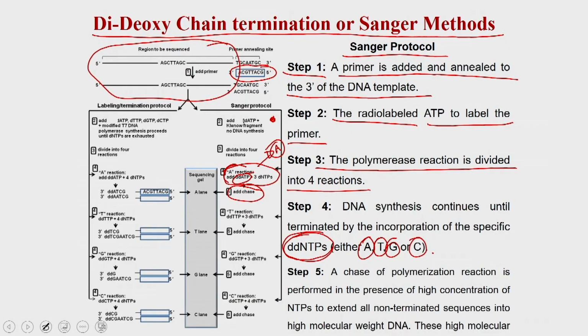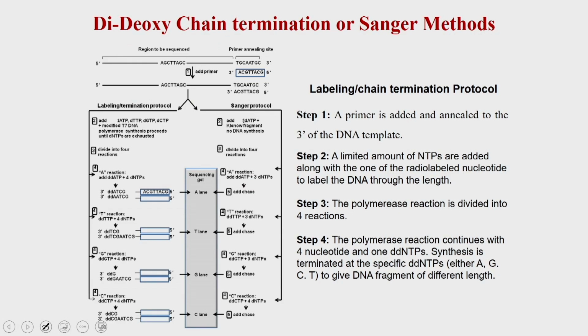Whereas in the alternate reaction, which is called the labeling and termination protocol, step 1 remains the same, where you add the primers and let them anneal onto the 3' end. Then you add a limited amount of NTPs along with one radiolabeled nucleotide to label the DNA throughout its length.